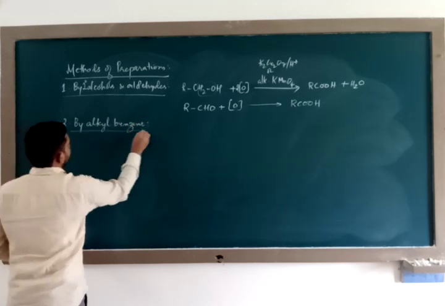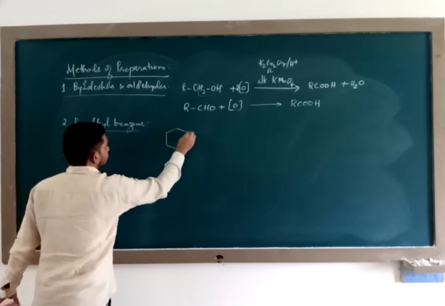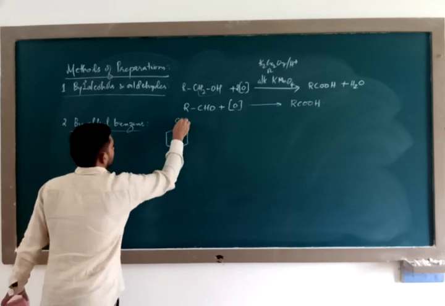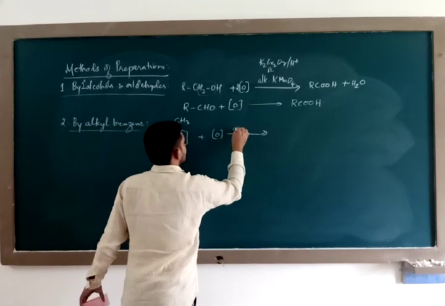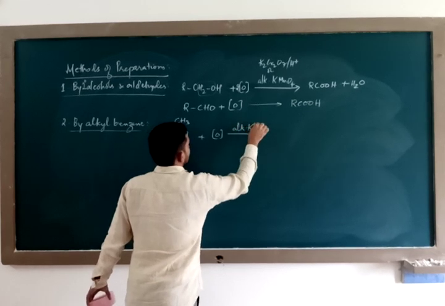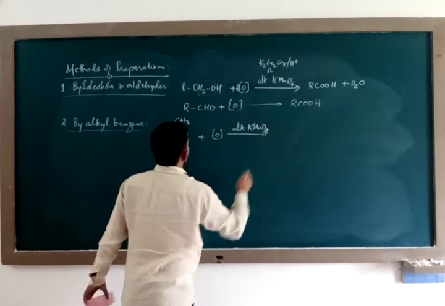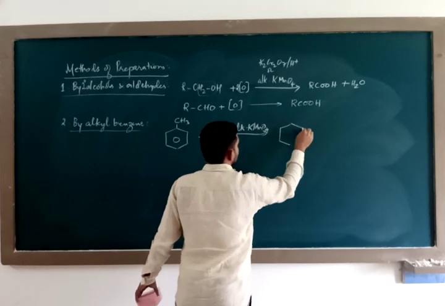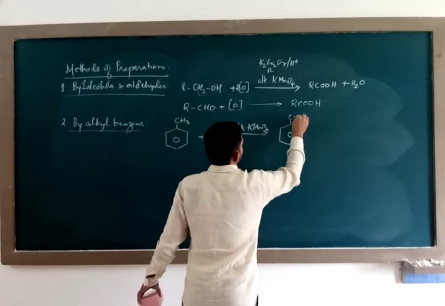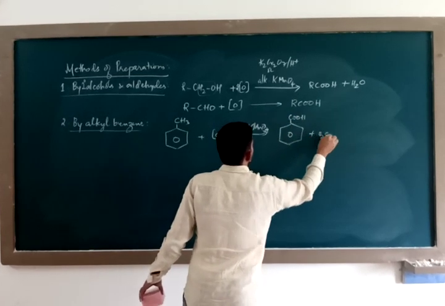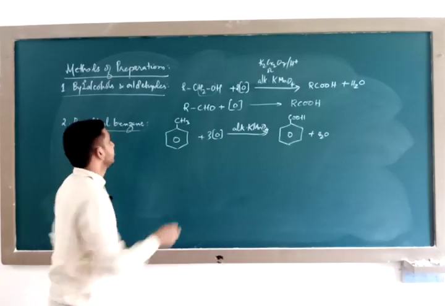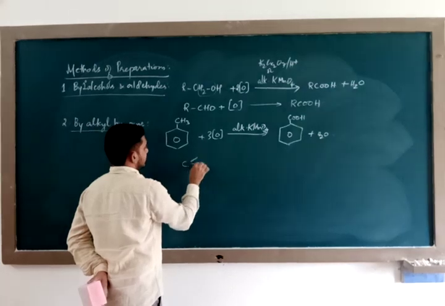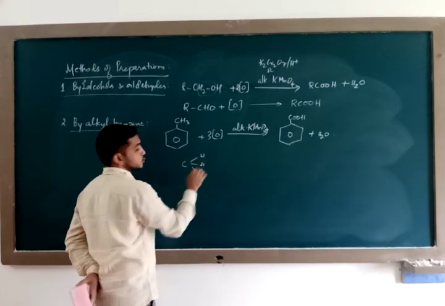The best example for alkyl benzene is toluene. If toluene is oxidized under the same conditions, that is alkaline KMnO4, it will give you benzoic acid. How did this happen? See, it had 3 H attached to it.